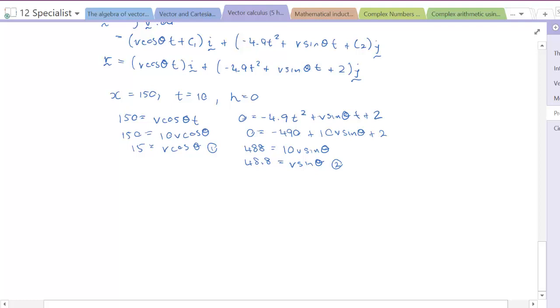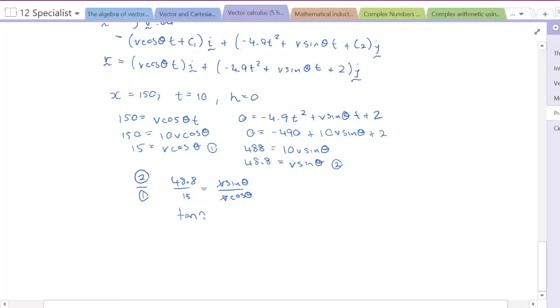So the final bit of this is quite simple. We can see if we divide, if we say 2 over 1, then we get 48.8 on 15, which is easily calculable. And we have v sin theta on v cos theta. And the v's will cancel, and sin on cos is tan.